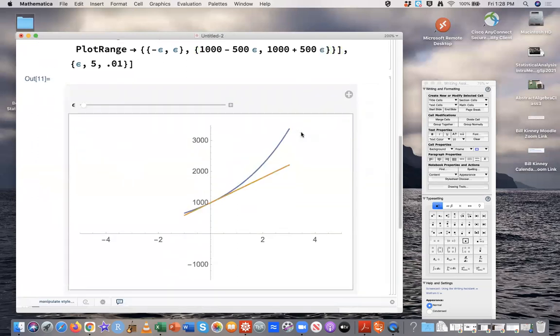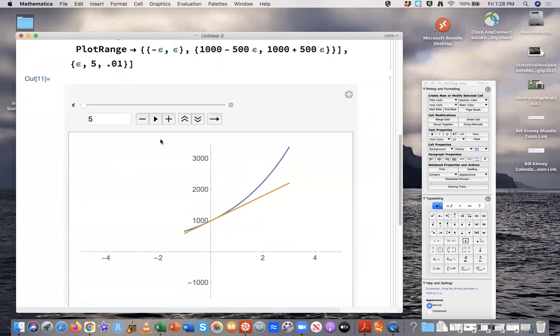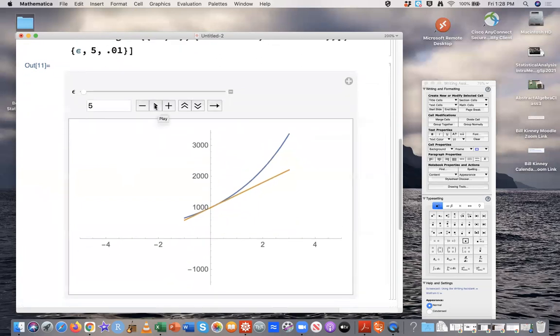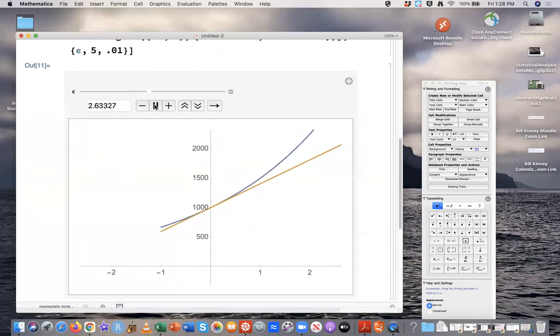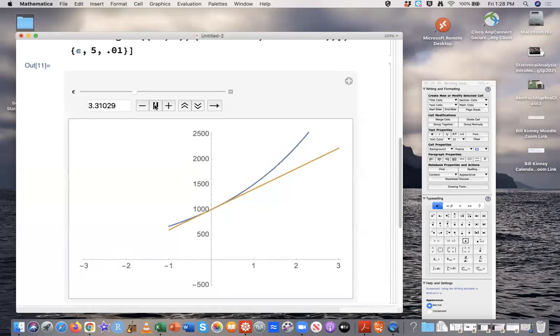Okay, what I'm seeing now is the two graphs again on a bigger window. If I zoom in to both graphs when t equals 0 and p equals 1,000, I see the tangent line, the orange graph, getting to be a better and better approximation of the blue curve.